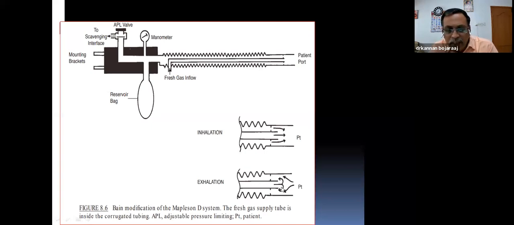The inner tube has this fresh gas flow, and this fresh gas flow goes to the expiratory limb of the patient. There is a mixing. There is always mixing in the Bain system. That is the problem in this coaxial arrangement. During inhalation also and during exhalation also, the expiratory limb gas will be withdrawn inside the patient. That is the thing we have to note down.